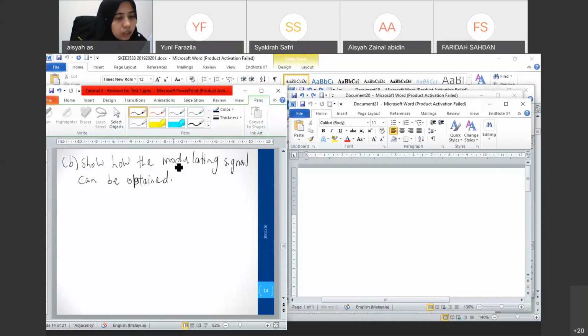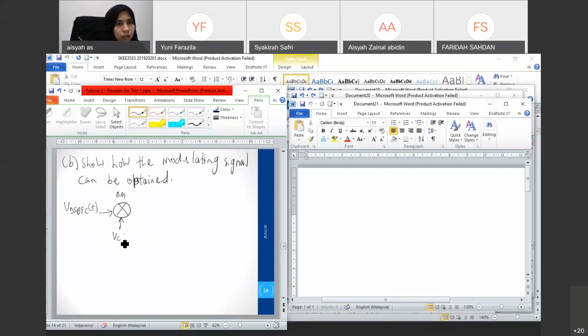This mixer is the balance modulator, the same as in generation. So we have the VDSBFC, and then it goes to this mixer. The mixer and the balance modulator are both multipliers, so it mixes and multiplies both.